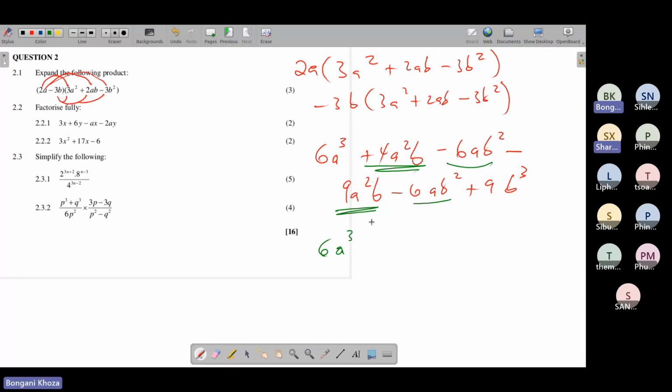This and that are like terms, so we are supposed to say this is plus 4 minus 9, so that's going to give us minus 5a squared b, like that. And then this is minus 6ab squared and minus 6ab squared is going to give us minus 12ab squared. This doesn't have any like terms, so we write it as it is, like that. So we don't have any like terms anymore, and then that means this becomes our final answer.